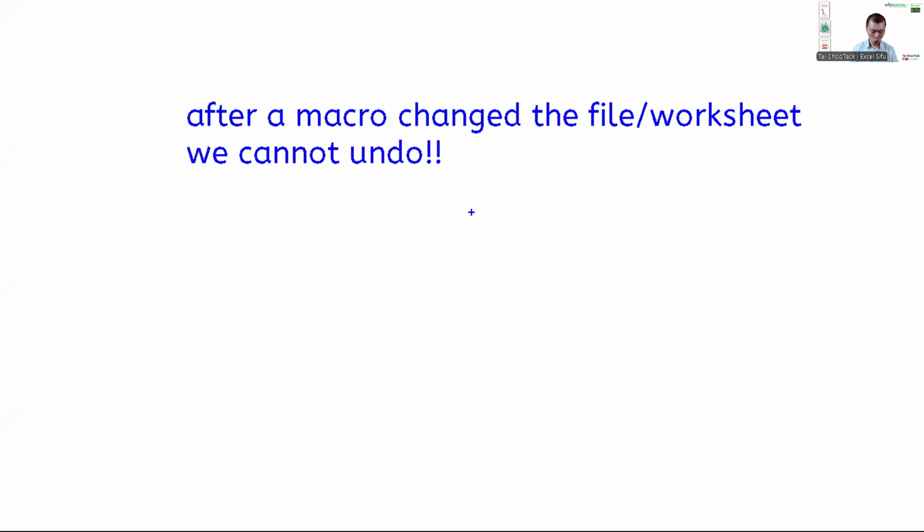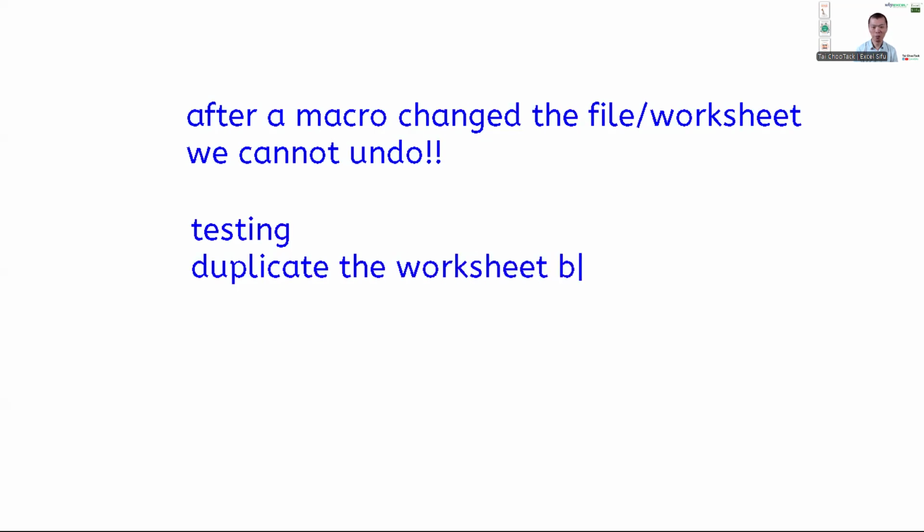So therefore, for us to do testing, we need to duplicate the worksheet before testing. It's very, very important. The reason is, once the macro changes the worksheet or the file, we have no way to reverse it.